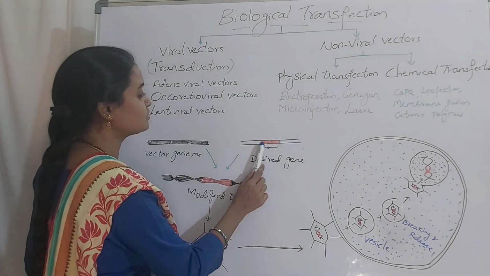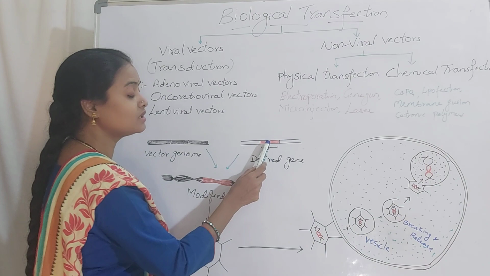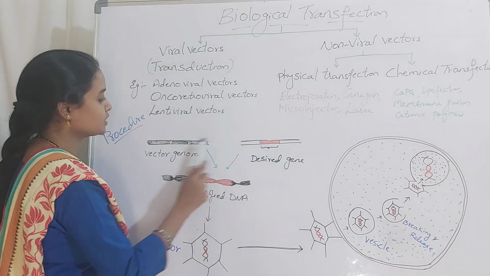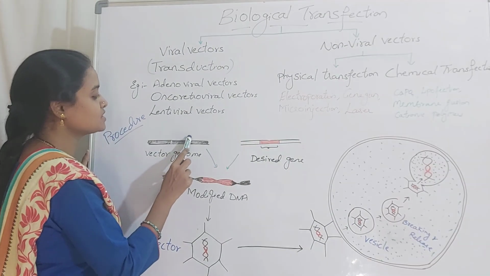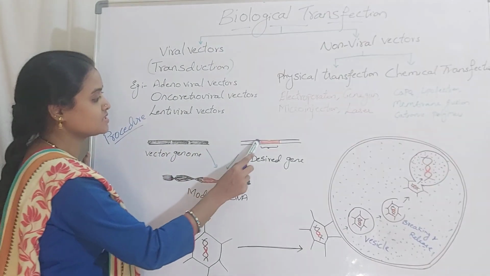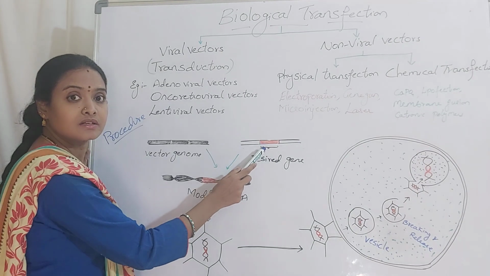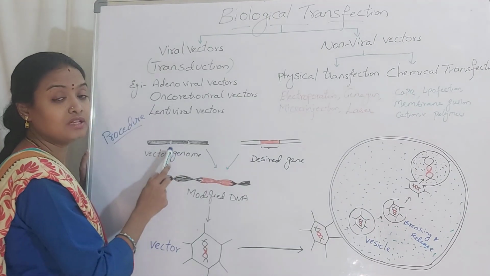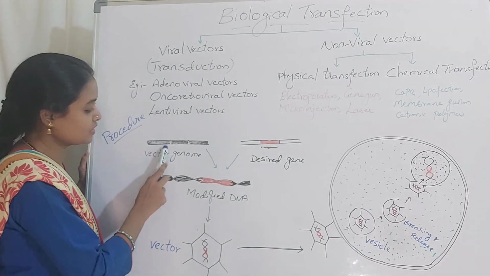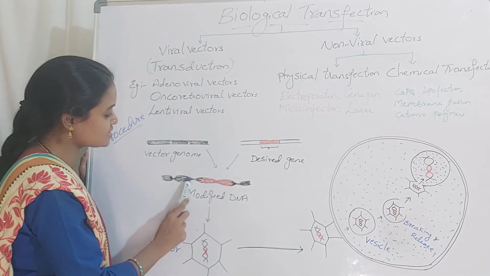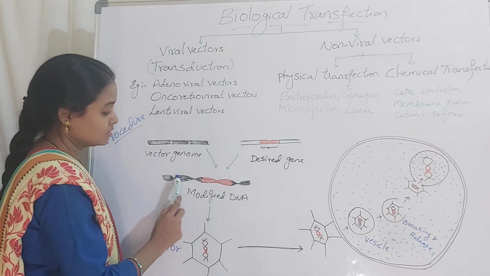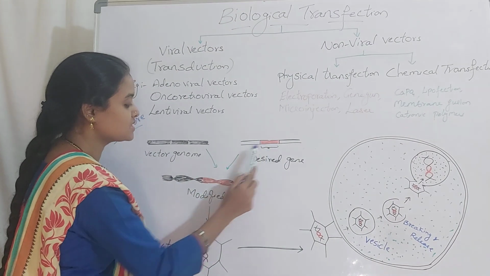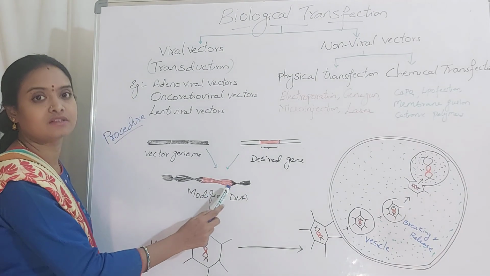Okay, so now this desired gene has to be introduced into the viral genome. Is that clear? Here you can see that by means of restriction endonucleases, you cut the desired fragment of DNA and introduce that into the viral genome. This is the viral DNA. The black color one represents the viral DNA and the red color one is the desired DNA of interest.